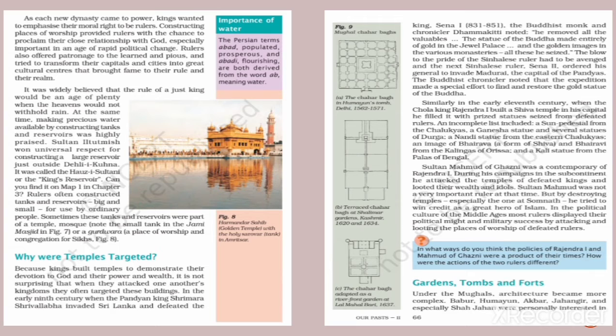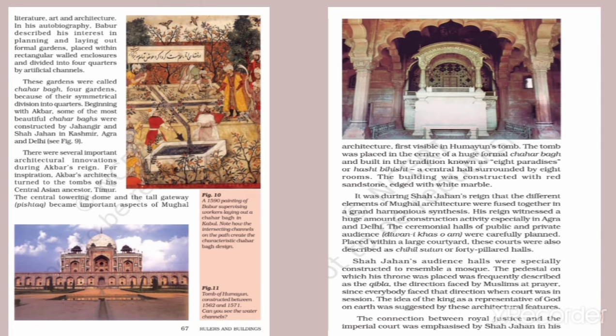The next topic: gardens, tombs, and forts. Architecture under the Mughals was very complex. Mughal kings like Babur, Humayun, Akbar, Jahangir, and Shah Jahan were patrons of literature, art, and architecture. Akbar made architectural innovations taking inspiration from tombs of Central Asia.